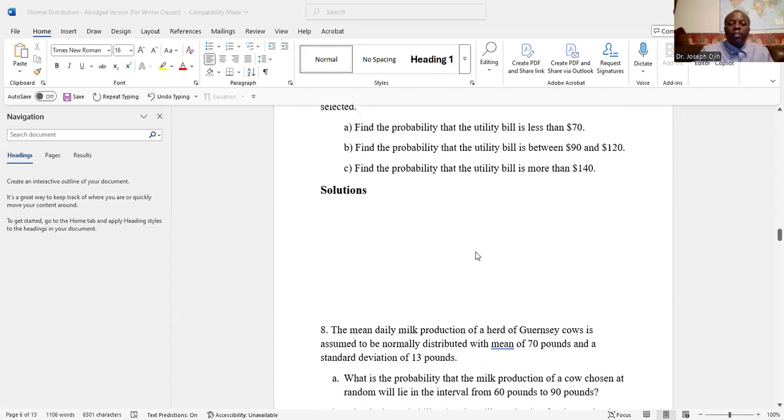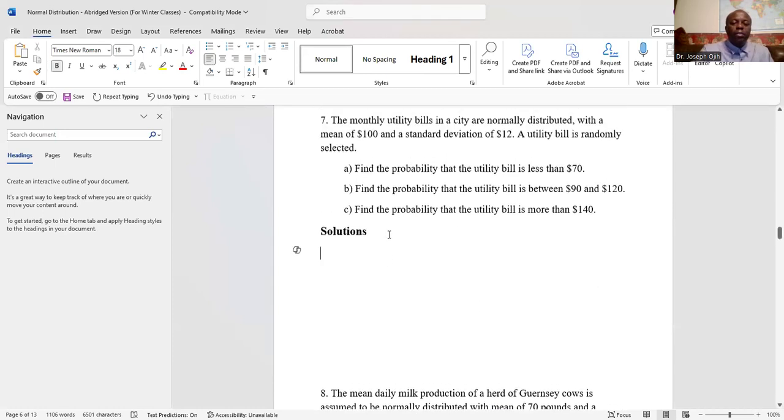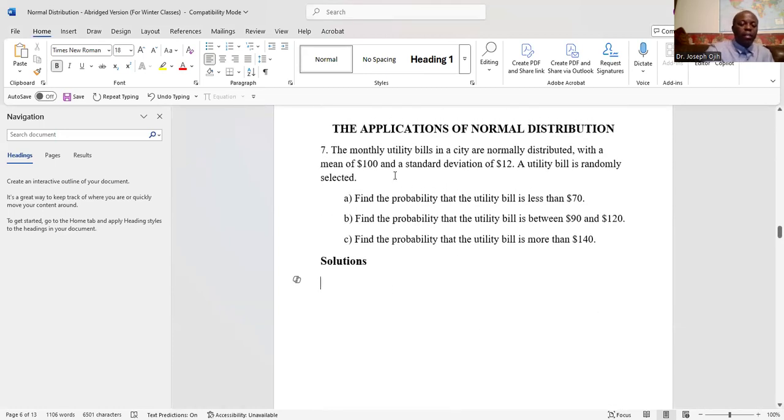So let us start with the first one. Before part A, let's have our mean and standard deviation. The mean is $100 and the standard deviation is $12.